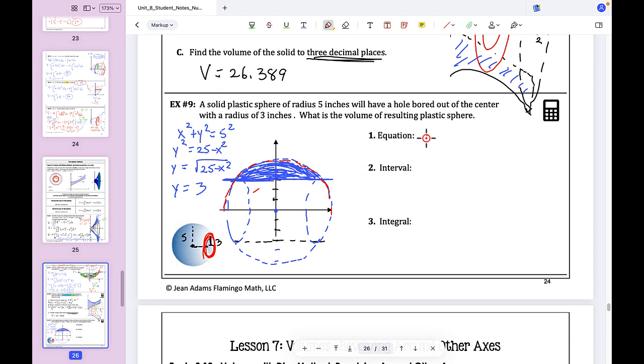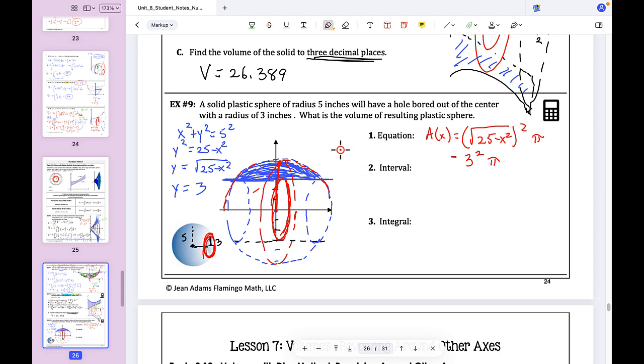Okay, so my area is going to be big R squared. Let me do my cylinder here, and here's my hole in the middle. Big R squared is the square root of 25 minus x squared, times pi, minus little r squared, which is 3 squared times pi.